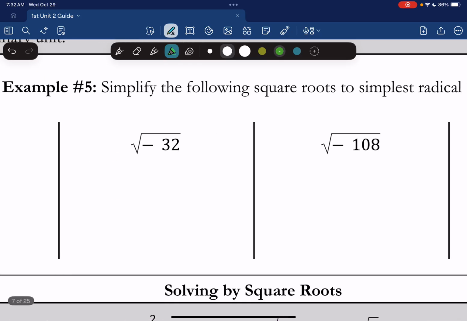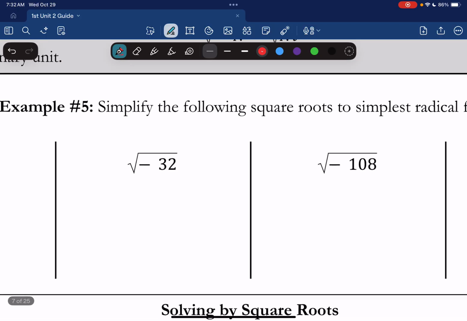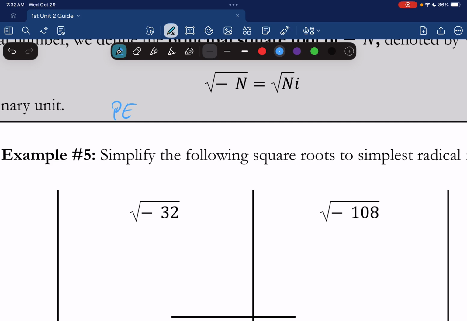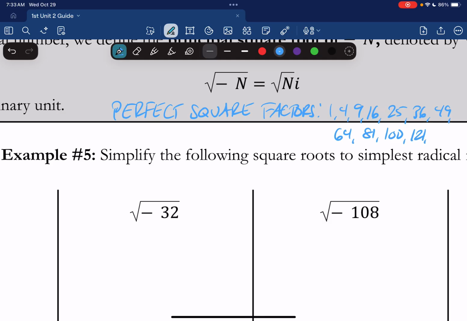All right, next one, I got the square root of negative 32. So simplifying square roots, as a reminder, we are looking for perfect square factors. So these are things like 1, 4, 9, 16, 25, 36, 49, 64, 81, 100, 121, and 144, just to do the first 12.